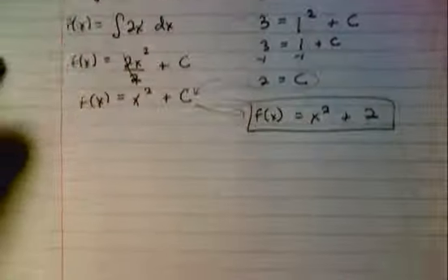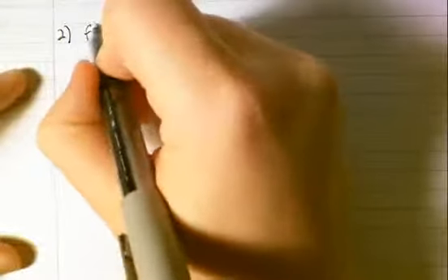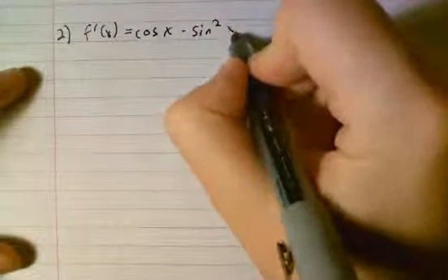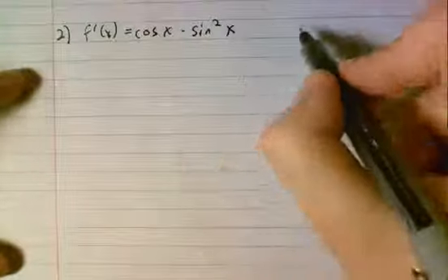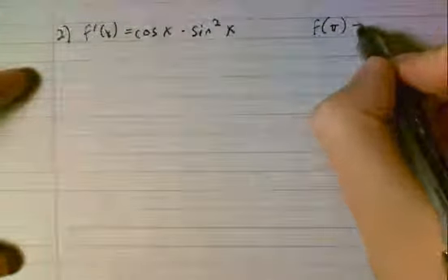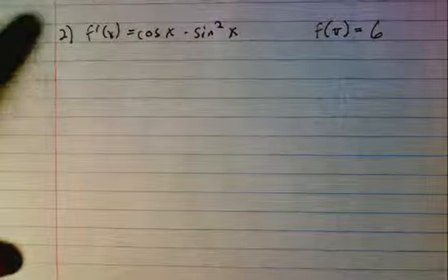We can also do this same thing if we have u substitution, so let's do another problem. Let's say we know that the derivative of f of x is cosine of x times sine squared of x, and we know that when x equals pi, f of x equals 6.